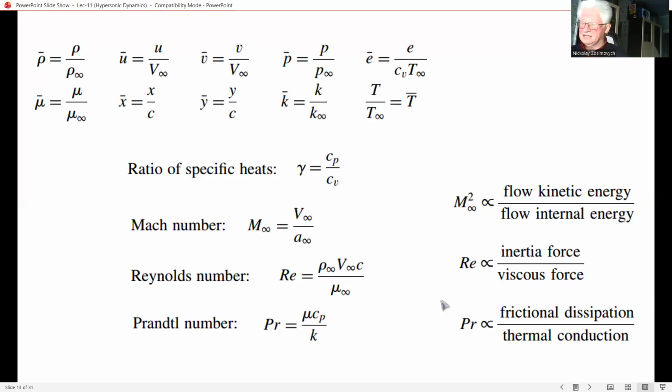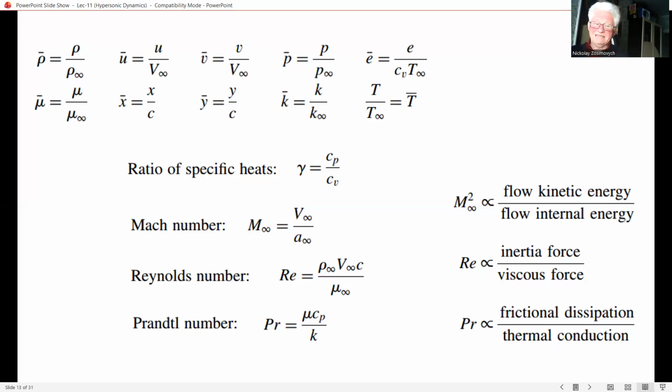introduced via the energy equation, is an index that is proportional to the ratio of energy dissipated by friction to the energy transported by thermal conductivity. That is, we may see Prandtl number in this form. In the study of compressible viscous flow, Prandtl is just as important as gamma, Reynolds, or Mach number.